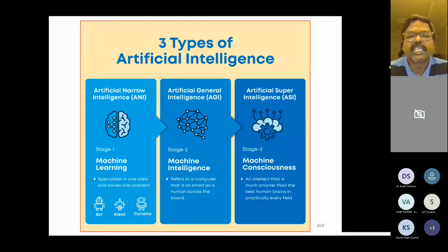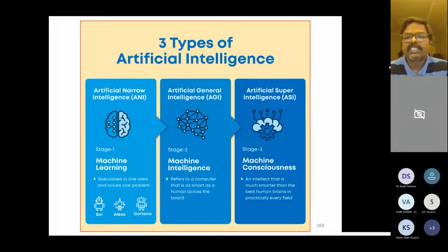Whereas artificial general intelligence, that is called AGI, uses machine intelligence. Stage 2 we can call it, refers to a computer that is as smart as a human across the board.